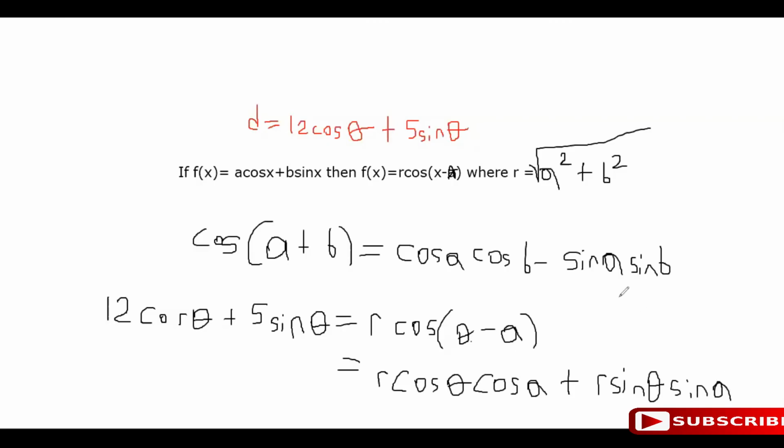plus r times the sine of theta times the sine of A. Now, the only way for these two expressions to be equal is if the 12 cosine theta matches r cosine theta cosine A. So I'm going to equate these two parts.